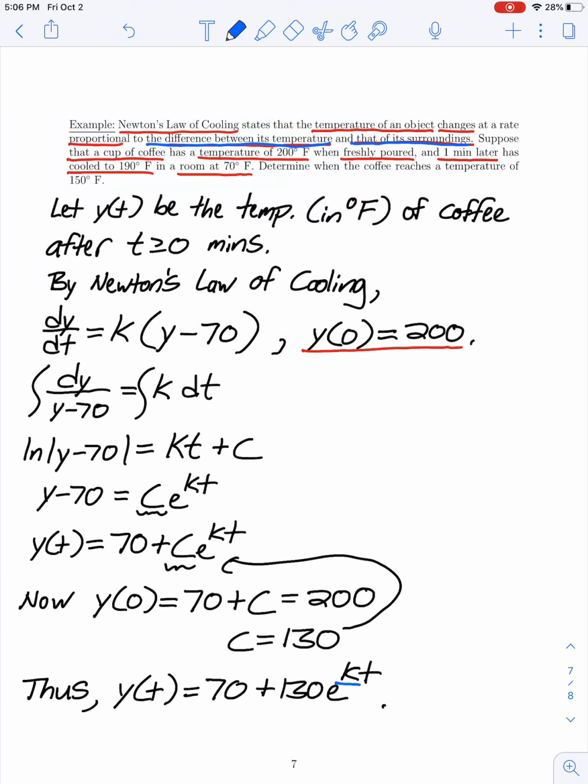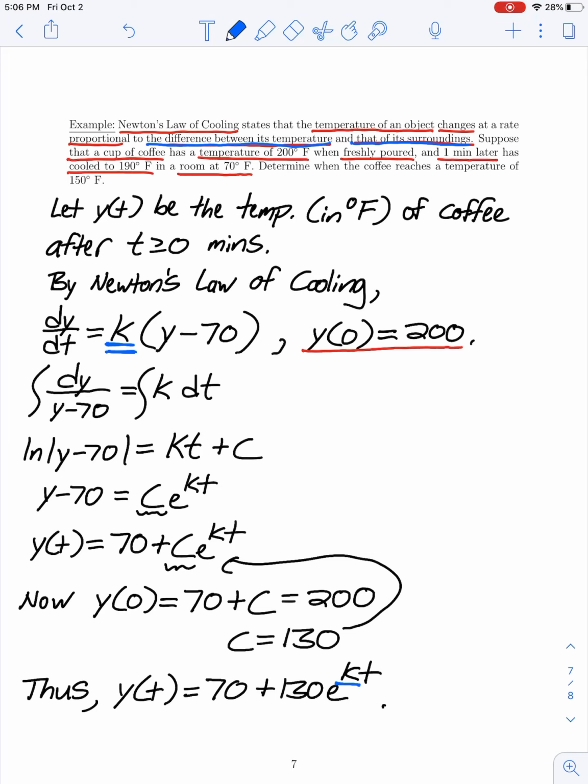It is this constant k, which is the constant of proportionality we had when we were setting up Newton's law of cooling. So in general, this constant depends on things like what the object that's being heated or being cooled is made out of. So we usually have to have some other piece of information aside from a single initial condition in order to solve for that constant.